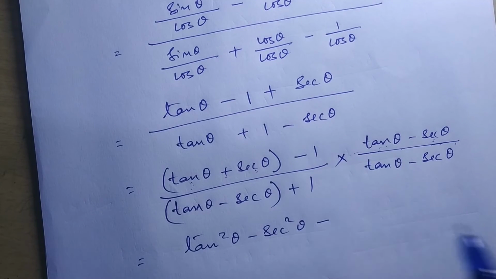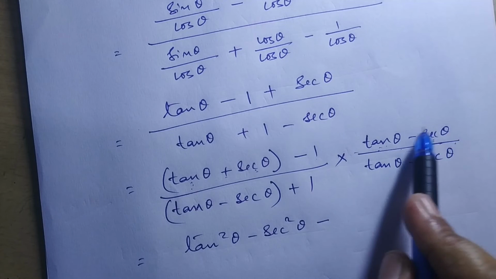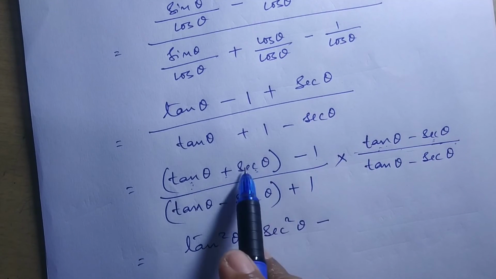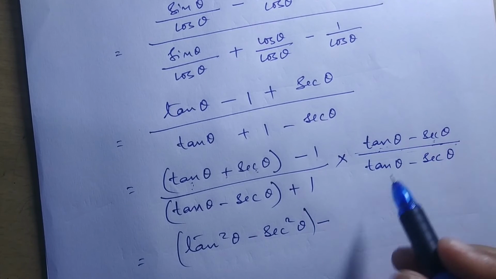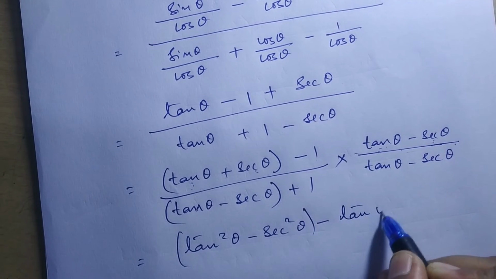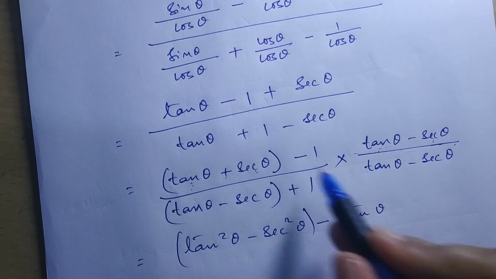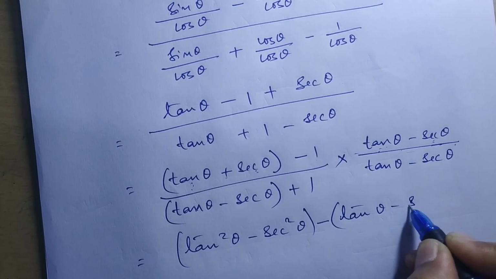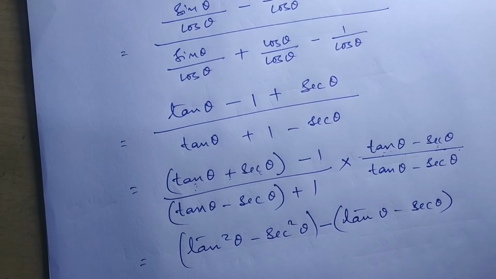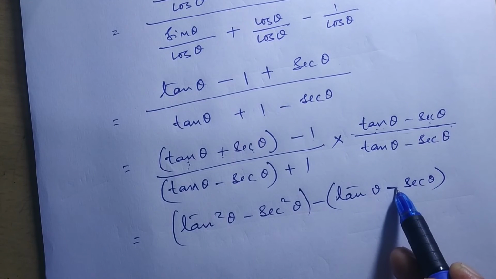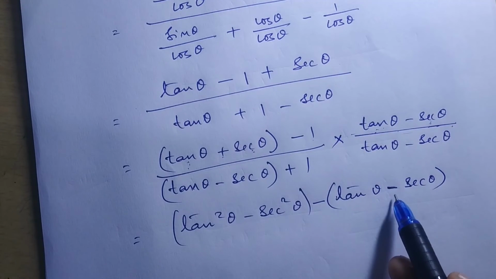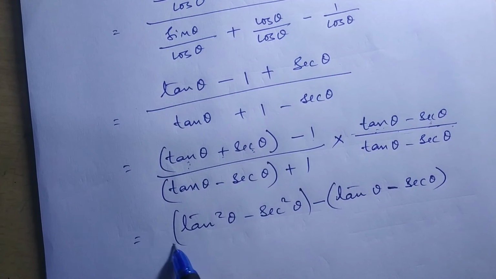Minus, I cannot put 1, don't put 1, because tan theta minus sec theta is multiplied to this as well as this. So I get minus 1 times sec theta... I am keeping the bracket. If I keep the bracket, there is no need of changing the sign. If I remove the bracket, then it will be plus, but I am keeping it as it is.